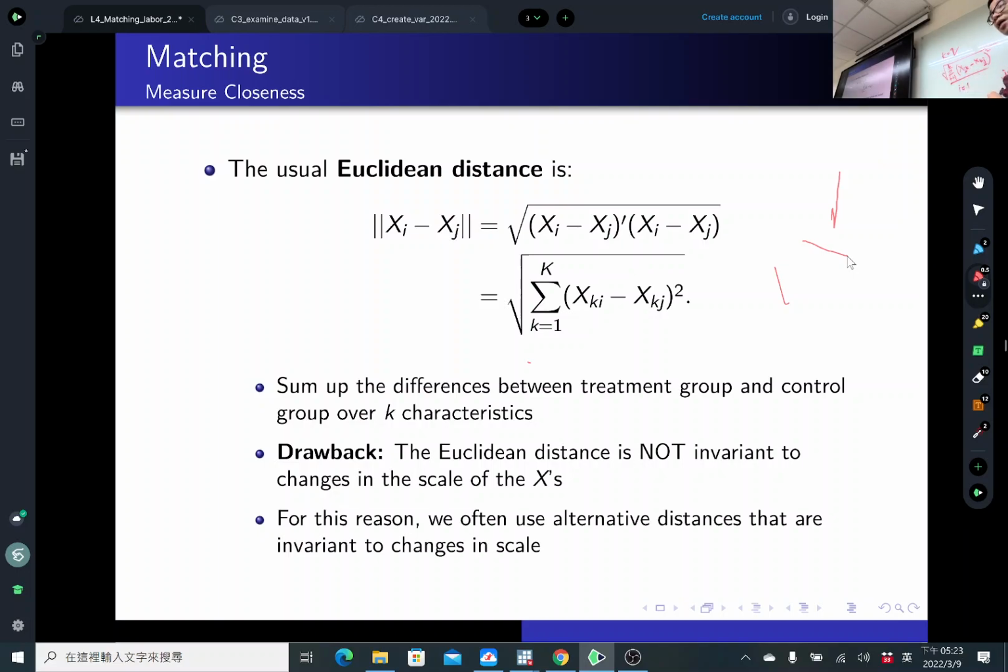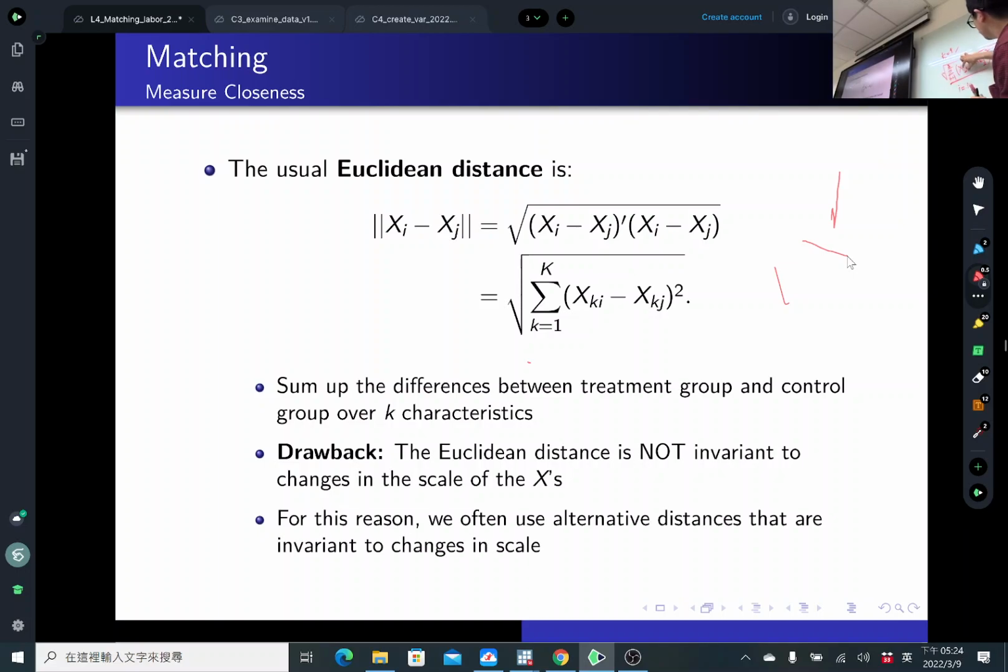So in the very beginning example, it's more simple, just one dimension. You just calculate the age difference and use the lowest difference as the matched sample. But here there is more than one, so you need to sum up the differences in all characteristics.